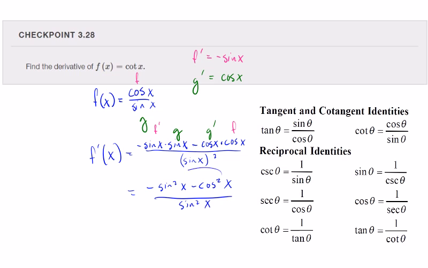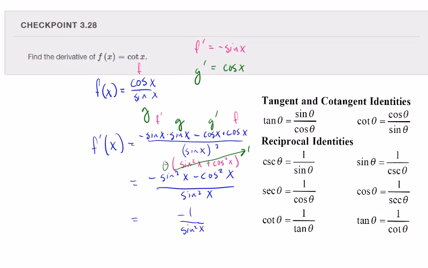Okay. Once again, you could break this up, but actually I could factor out a -1 here, right? And this would give me sine squared plus cosine squared. And we know that sine squared plus cosine squared equals 1, right, from our Pythagorean identity. So we just have -1 on top and then sine squared on the bottom.